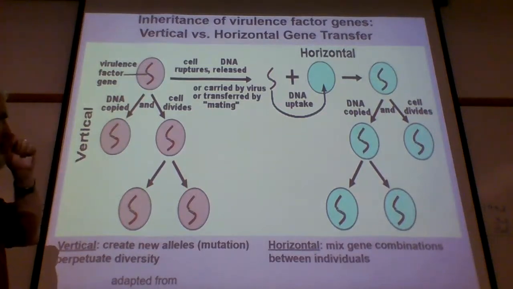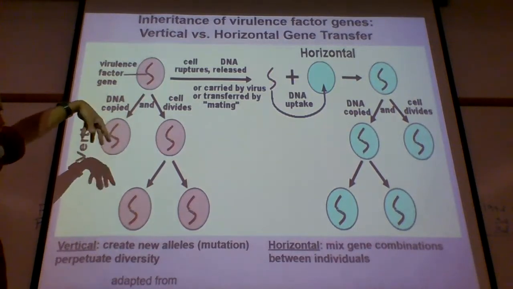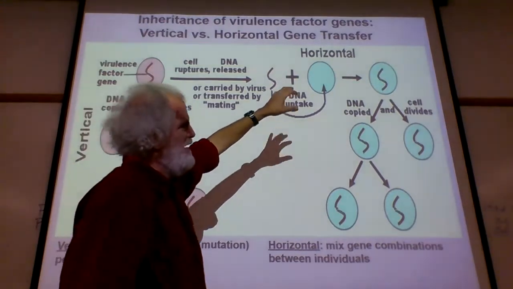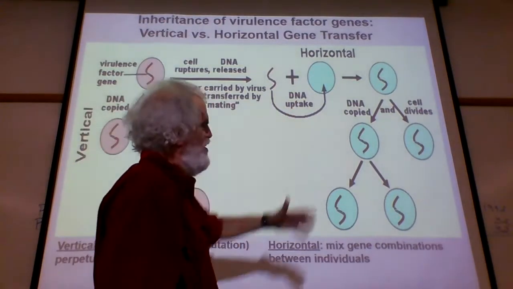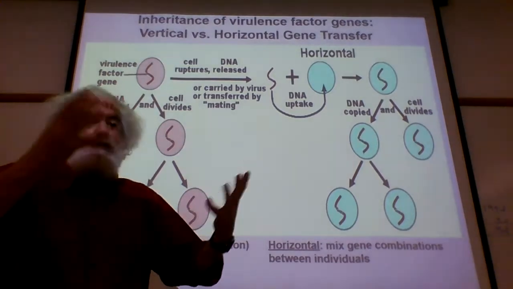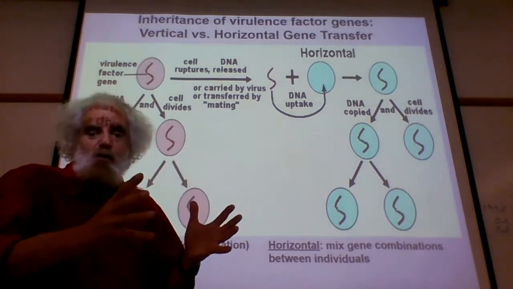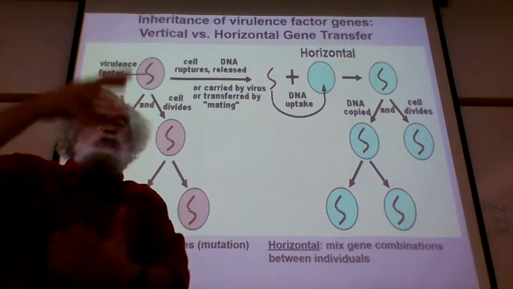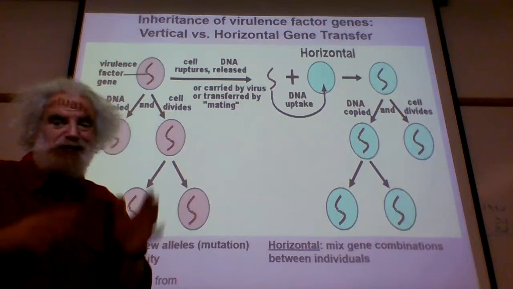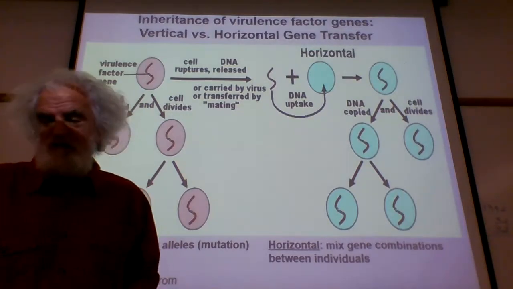Now, this cell can rupture, DNA can be released, and we can have DNA being taken up, and that would be horizontal gene transfer. Now, horizontal gene transfer is going to result in a lot more mixing because you're not actually making a clone, you're adding DNA to an existing cell.